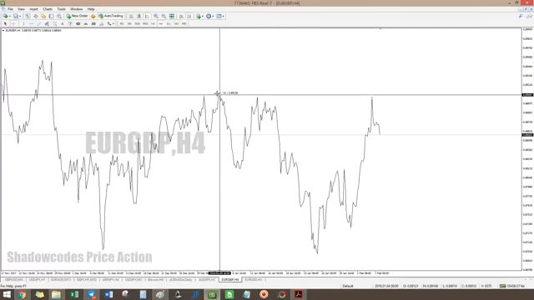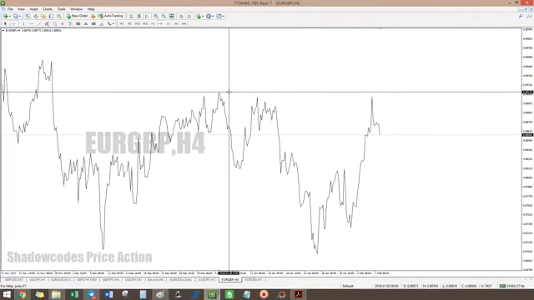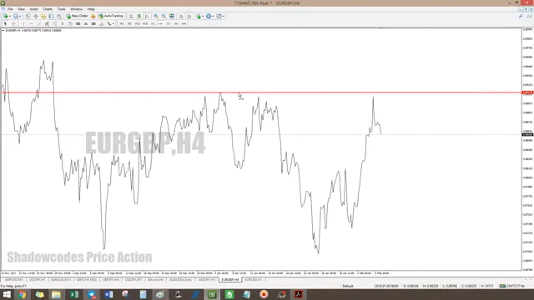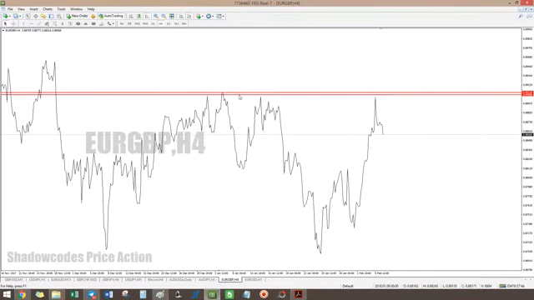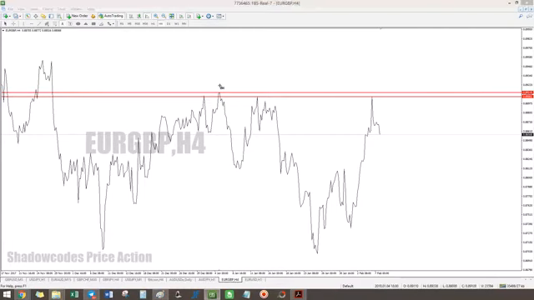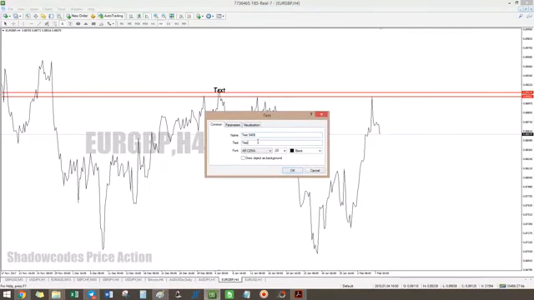Okay, so for example, you take the highest point here as your SNR. For example, you take this highest one, and then you might also take this one. Okay, this is your first one, and that depends on your point of view.